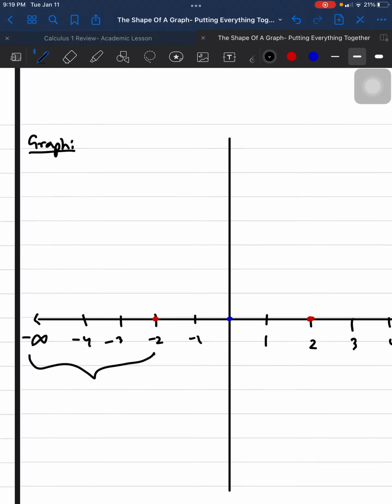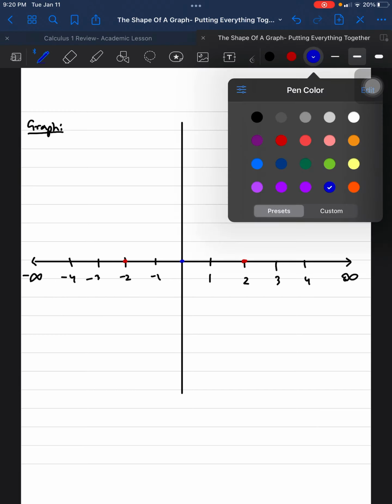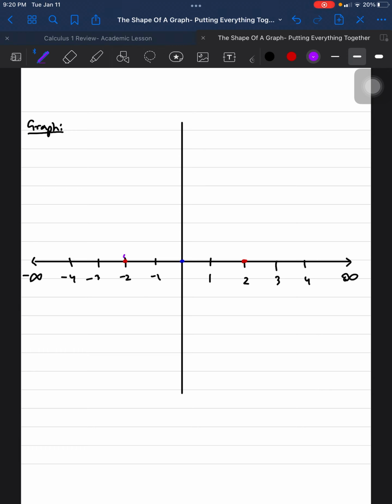So we know it's going to look something like this.